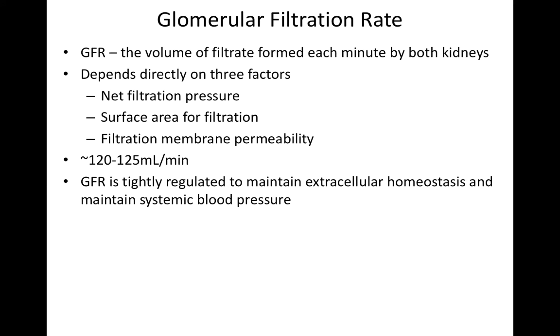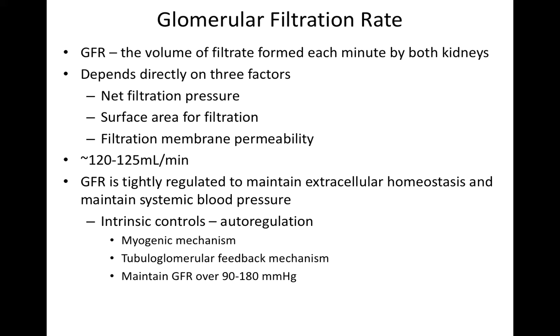GFR is very tightly regulated in terms of maintaining homeostasis and its role in systemic blood pressure. So generally, we don't see big swings in GFR. There's two ways to control it. So the first are what are called intrinsic controls or auto-regulation. Auto means self. So this means the kidney regulates the kidney. There are two mechanisms under intrinsic controls, something called myogenic and then the tubuloglomerular feedback mechanism.